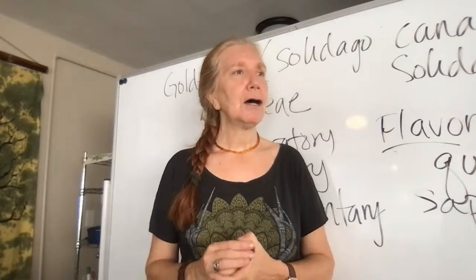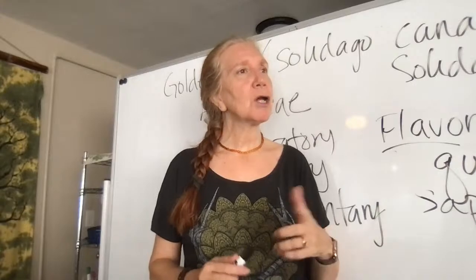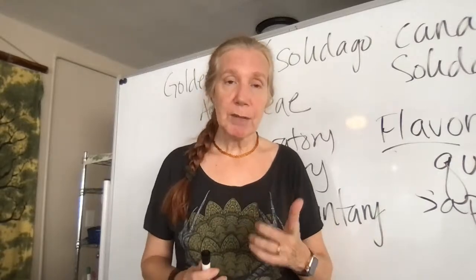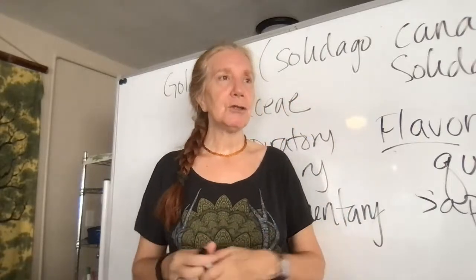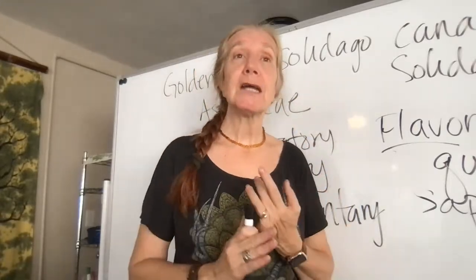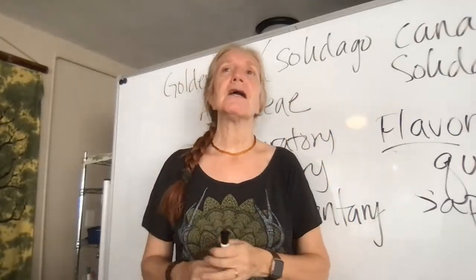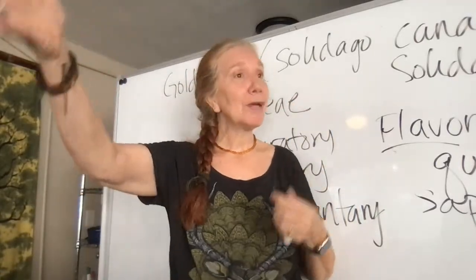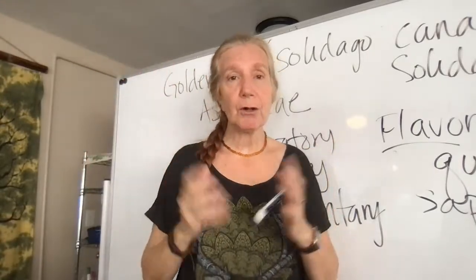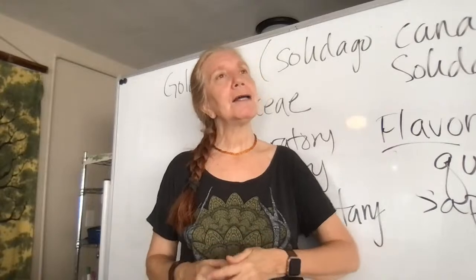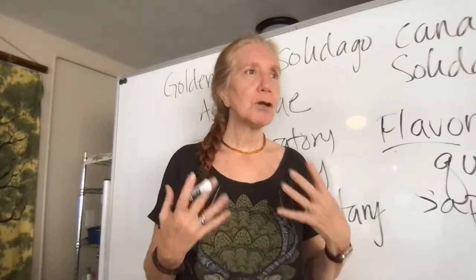Mast cells are memory cells. They remember the allergens that they come in contact with. And so in people who have airborne allergies, in the presence of animal dander, goldenrod is a specific for animal dander allergies, ragweed pollen, pine pollen, grass pollens, whatever pollen your body is allergic to, that is a hypersensitivity response of your immune system, right?